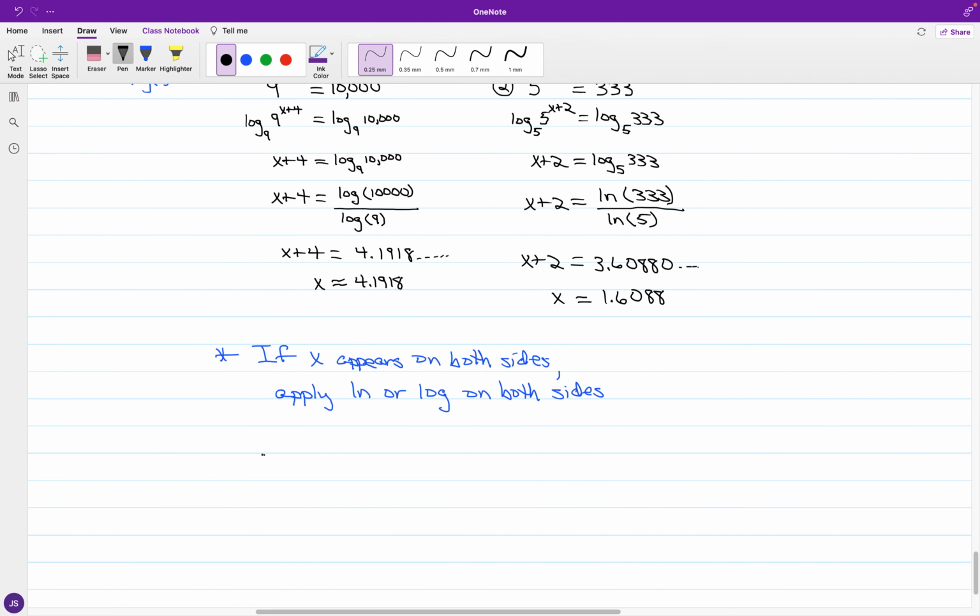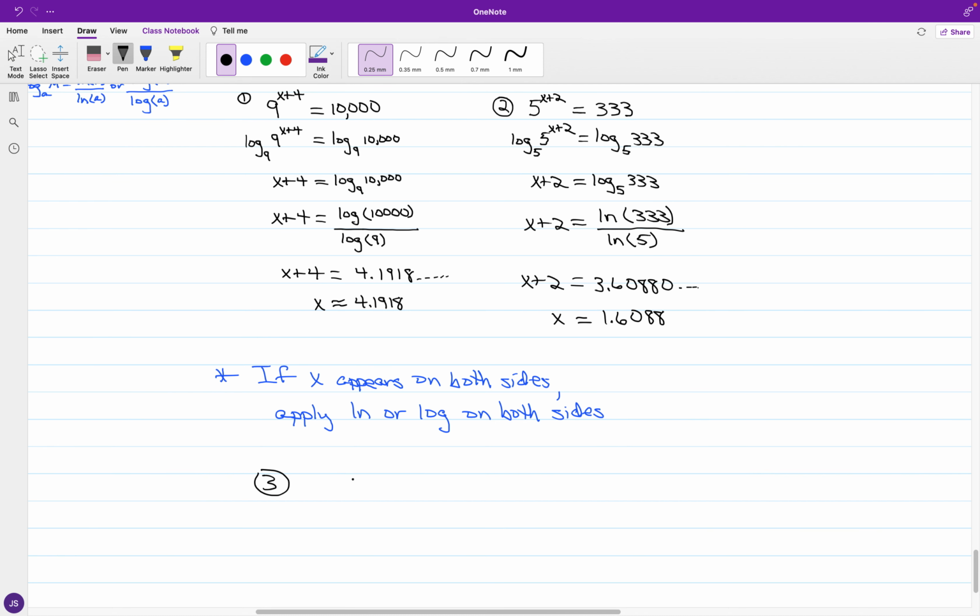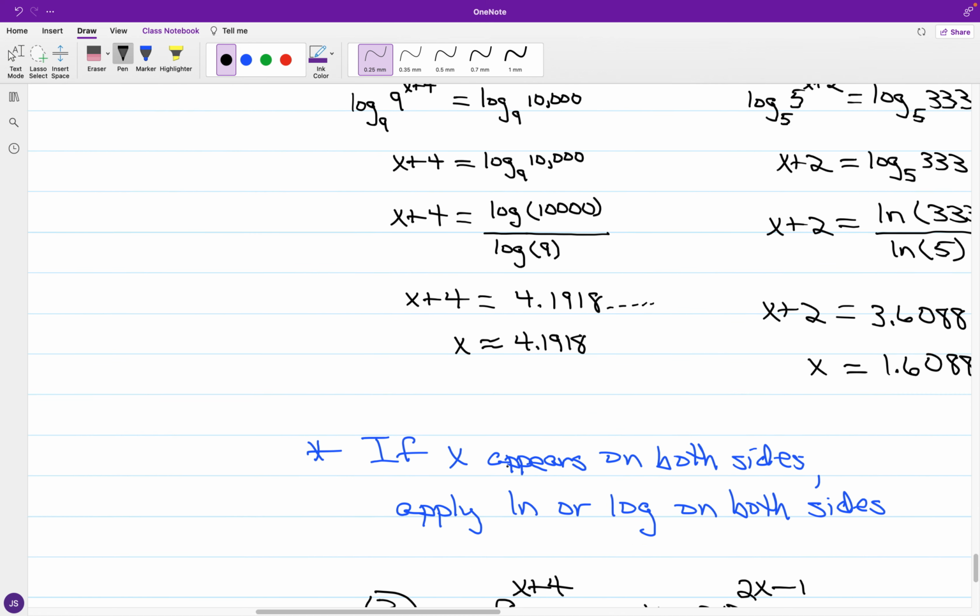If you had the variable appear on both sides, without changing things up too much, let's say I had 9 to the x plus 4 is equal to 10,000 raised to the 2x minus 1.